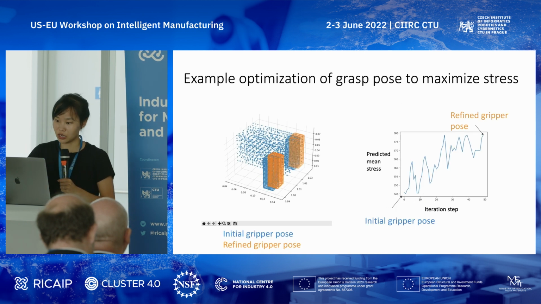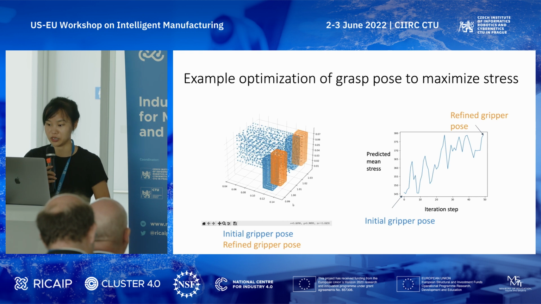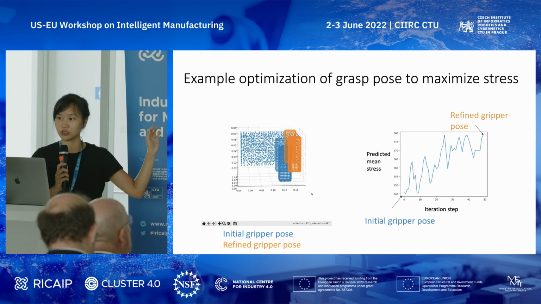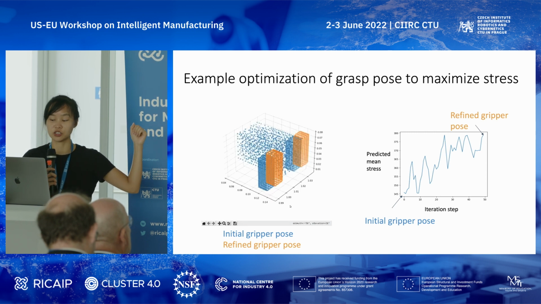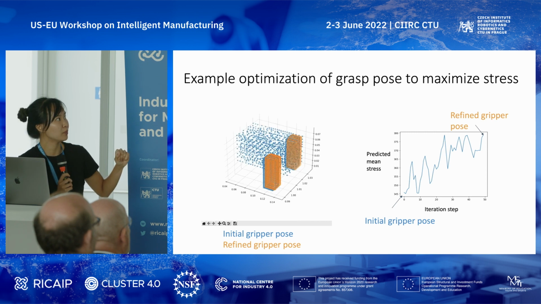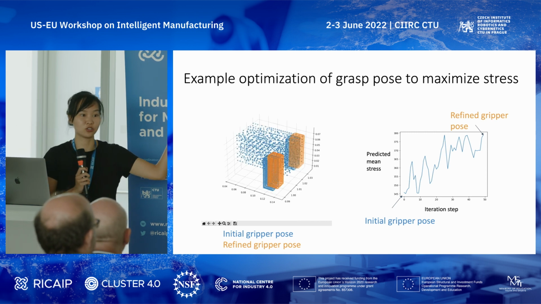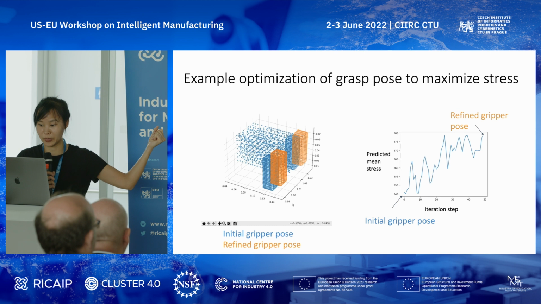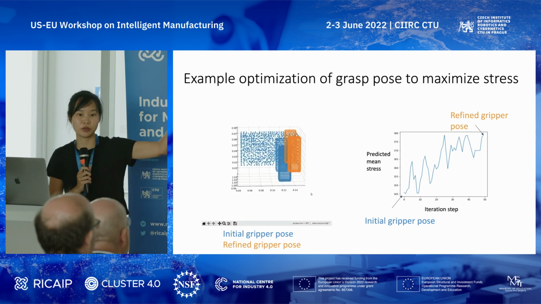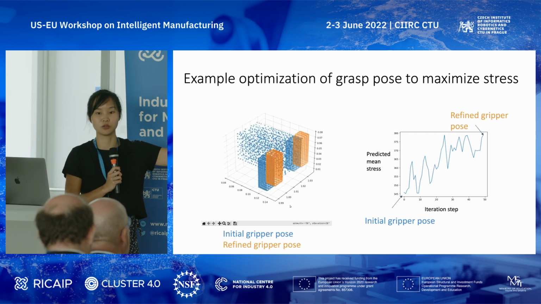As I mentioned, we can also take advantage of the differentiability of the neural network. These are preliminary results, but we can start to optimize or refine an initial grasp pose to a better one according to some metric. In this example, we're looking to maximize stress with the grasp pose. The initial grasp pose is shown in blue, and it's being shifted up throughout this optimization process to the one in orange.